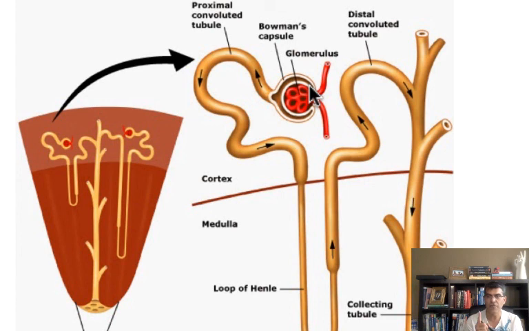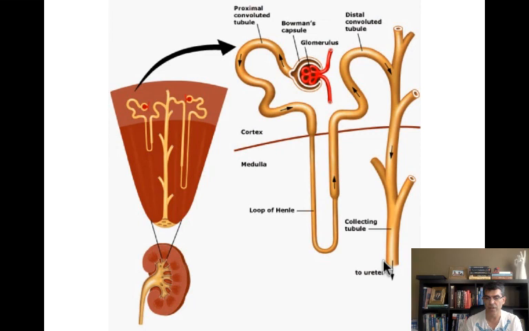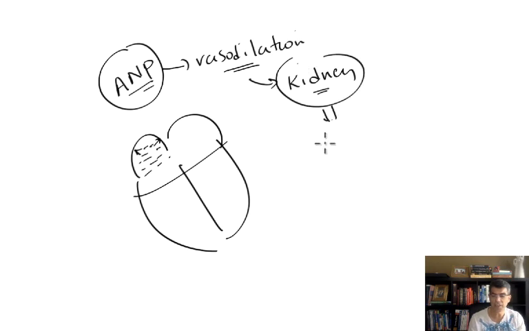Stopping the release of renin is going to decrease angiotensin II, and decreasing angiotensin II means you are not going to absorb sodium, and you are not going to absorb water either. In other words, you're going to lose sodium and water in your urine. So as a result of increasing ANP, you go to the kidney and make the kidney dump sodium and water. As a result, your blood pressure is going to go down.